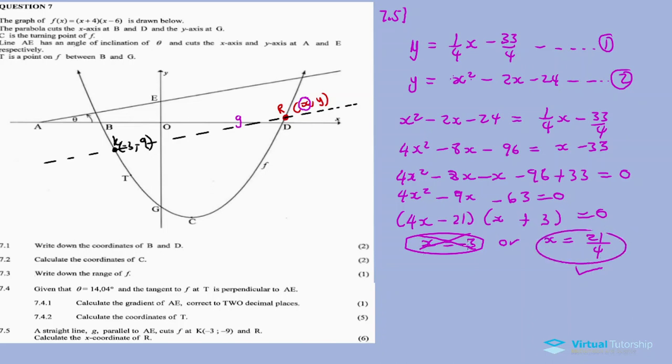The x equal to minus 3 tells us the x coordinate of K, since K and R are the points of intersection for g and f. Yes, 7.5 is the last question of our question 7.